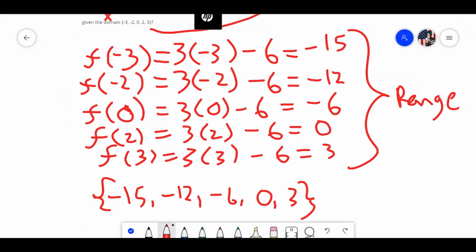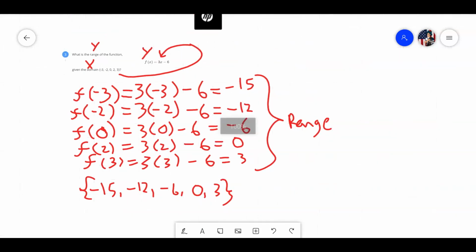Okay, so what I can do, since I already did it over here, I can take a picture of this. And then, however you did it, if you did it online, you want to make sure you get a screenshot of it. Okay, so I'm going to, let's see here. How do I save this?